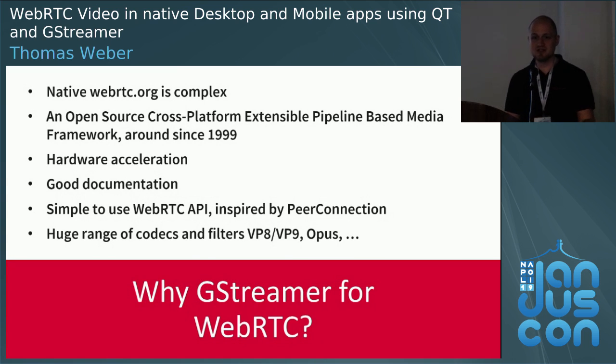And also it has, with the webrtcbin, a very simple to use API. And there are also filters and codecs and stuff around for everything you need. For example, supporting some Android cameras having by default the wrong orientation, like landscape or something like this.